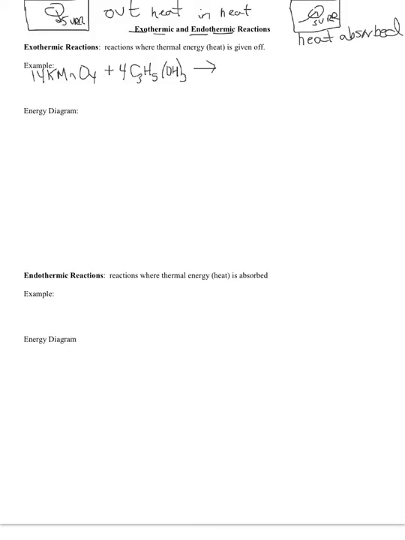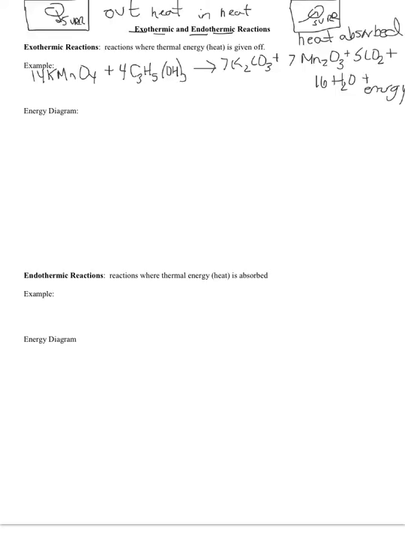And then the products of our reaction are going to be 7 potassium carbonates, K2CO3, and you're going to have manganese oxide, and we're going to have 7 of them, Mn2O3, and 5 CO2s, and 16 waters, and energy.